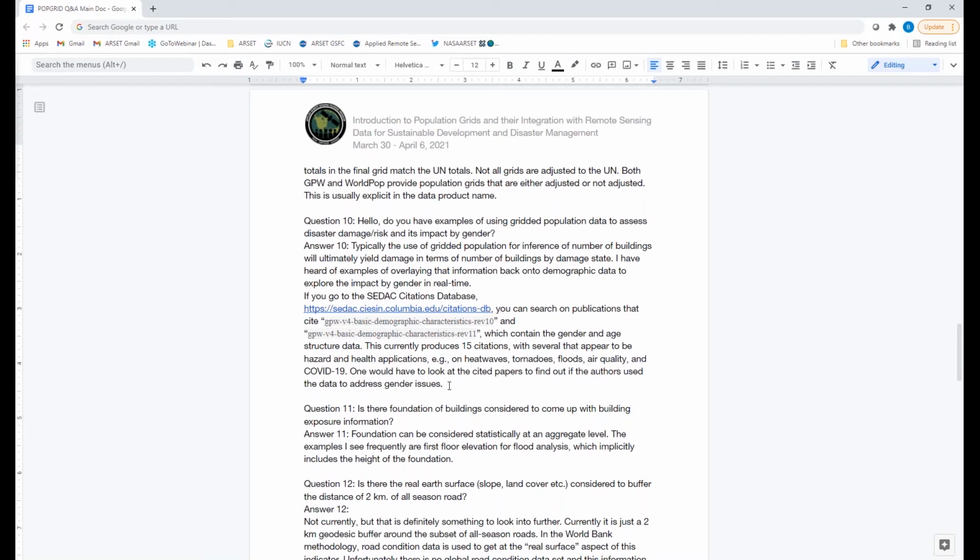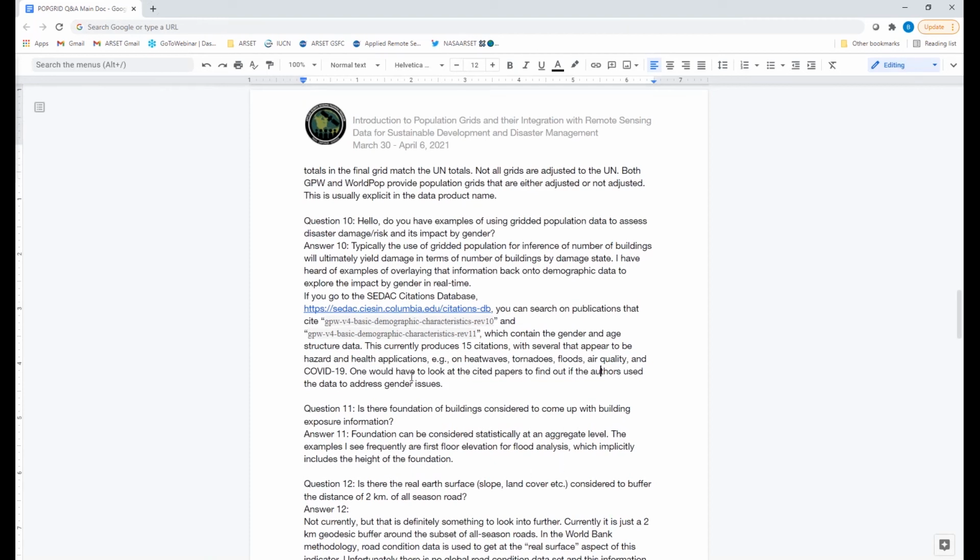You can click the GPW version 4 collection, and then within that pick the two data sets, revision 10 and revision 11, of basic demographic characteristics that has the age and gender breakdowns for 2010. When you search on that, you find 15 citations.